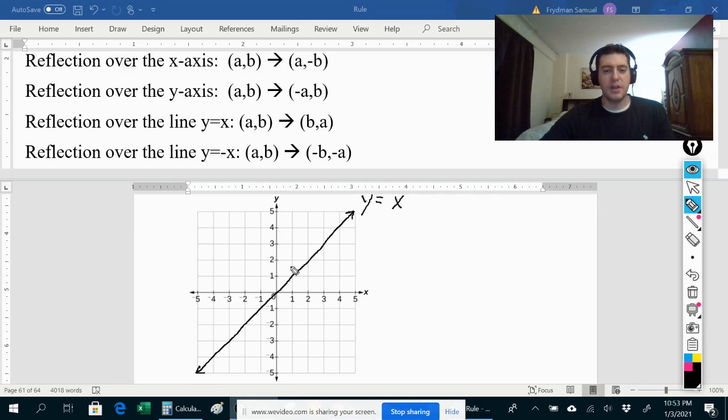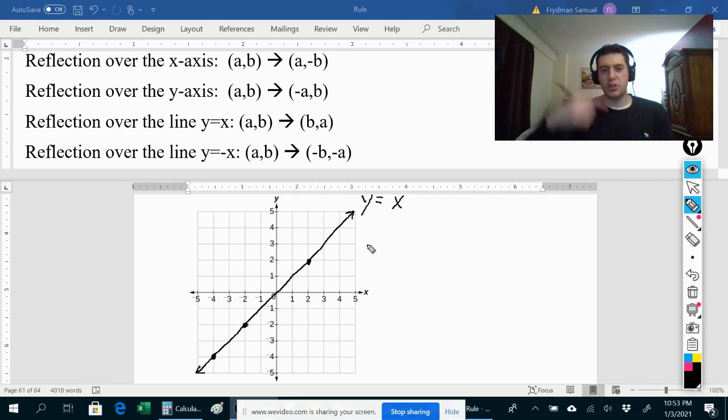And that should make sense because you can see every point on this line, the x-coordinate is equal to the y-coordinate. So for example, this is the point (2, 2). This is the point (-4, -4). No matter what point I pick on this line, the y-coordinate is always equal to the x-coordinate, hence y equals x.